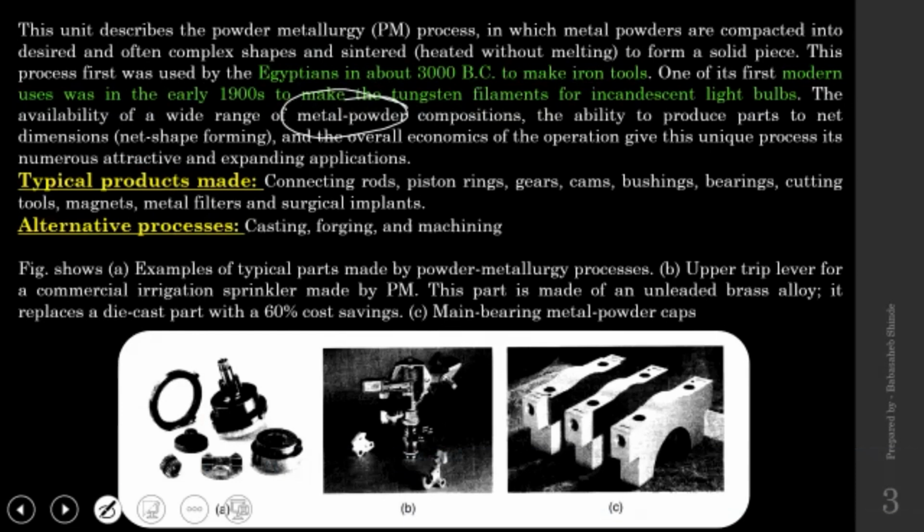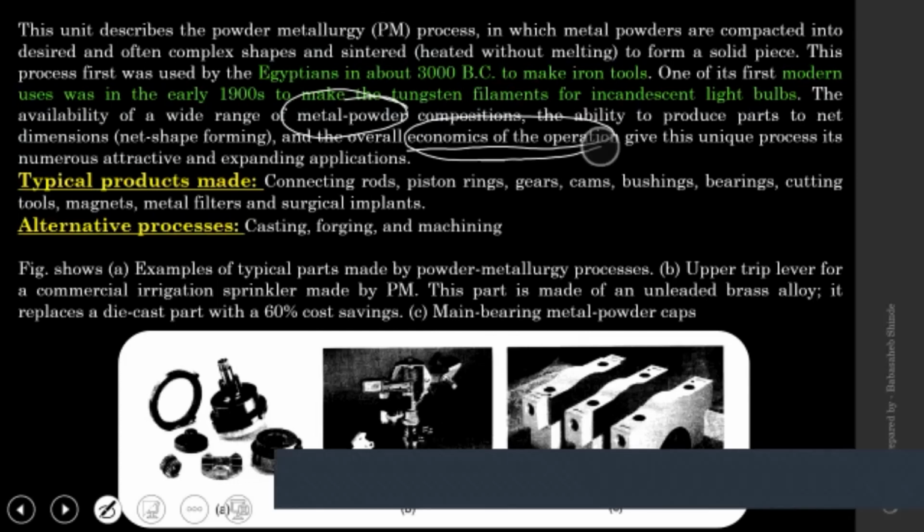So you can use various metals and you can form near net shape products. That way, losses and time consumption in further processing could be reduced. So this has a better economic perspective. If you look at this process economically, it is going to have better characteristics compared to other processes.